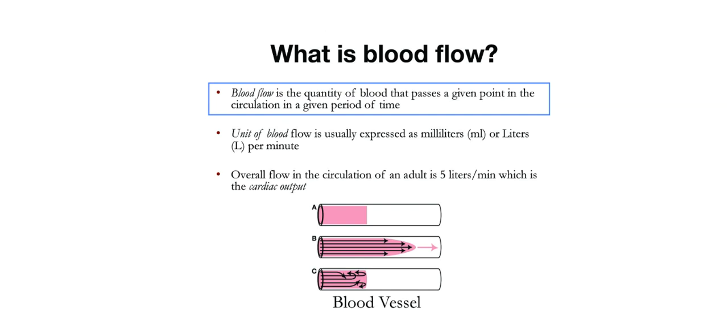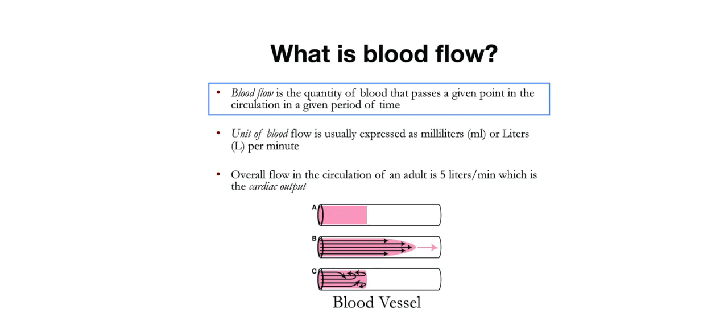Your blood flow is akin to which parameter in terms of Ohm's law? V equals IR. What would your blood flow be? I. What's your current? Okay? What's your voltage? Pressure. What's your resistance? Okay?